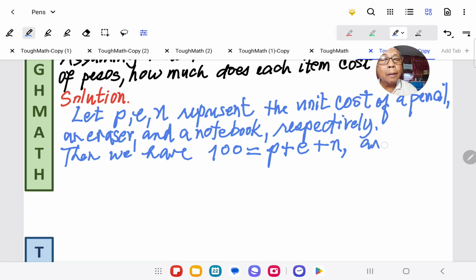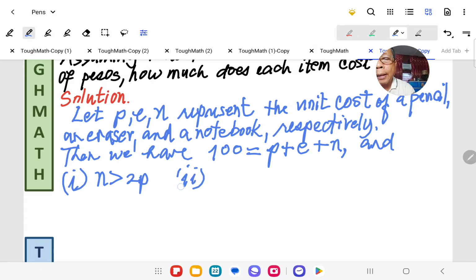And from the second statement, we have the following inequalities. The first inequality is that a notebook costs more than 2 pencils, so N is greater than 2P.